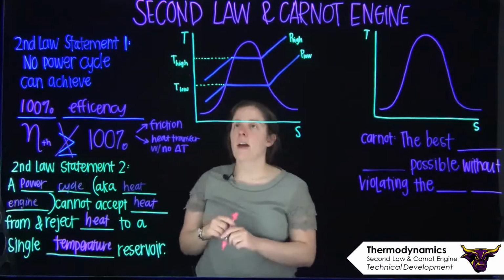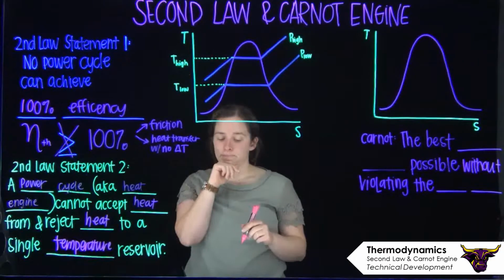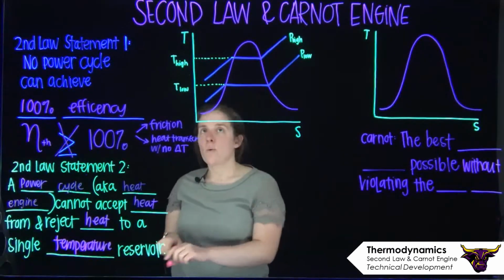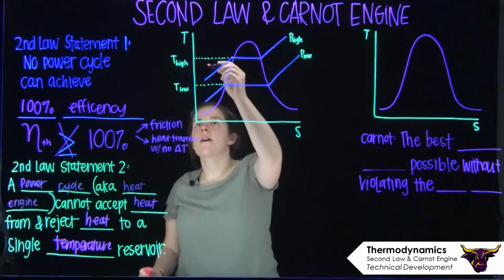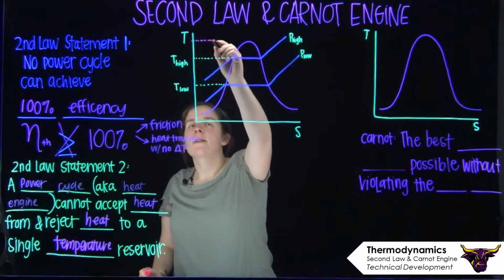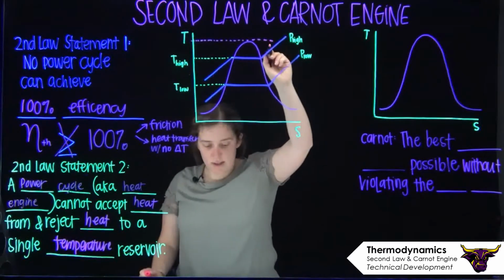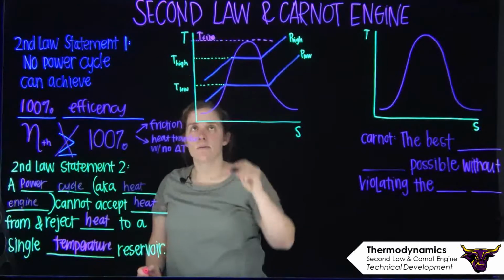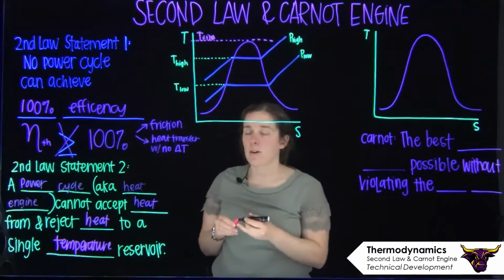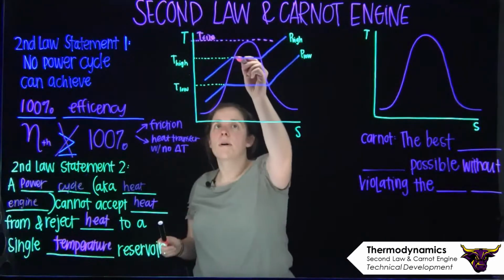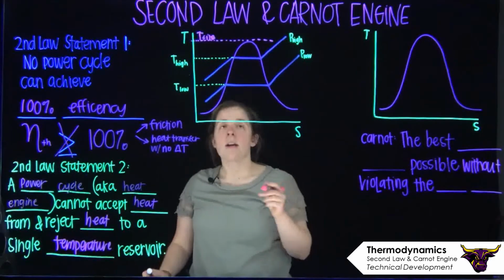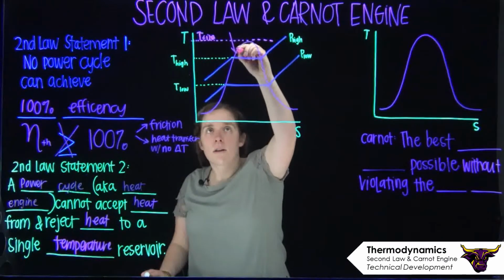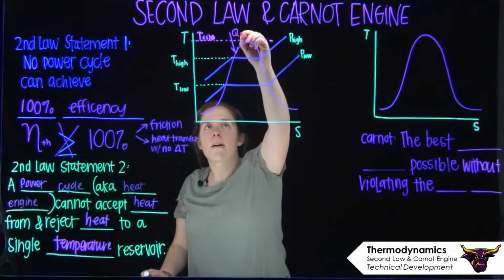So if we look at a TS diagram here, we know that typically we have some sort of reservoir up here. We're going to say that this is some sort of fire. So think about if we're trying to run a boiler, because remember across this top part of our cycle is a boiler. We're receiving Q from that fire source.